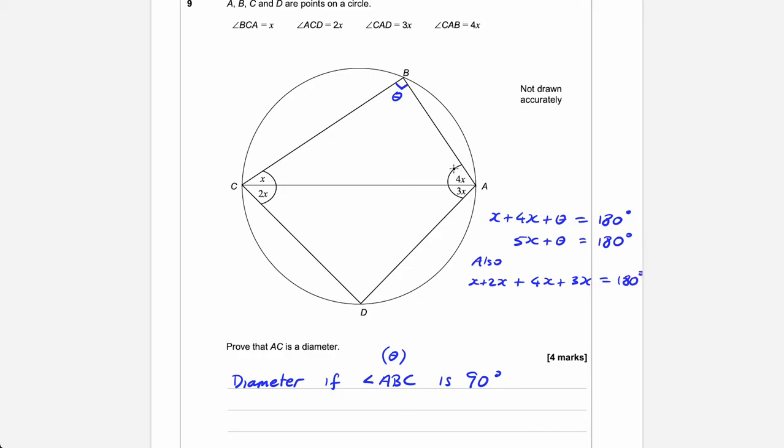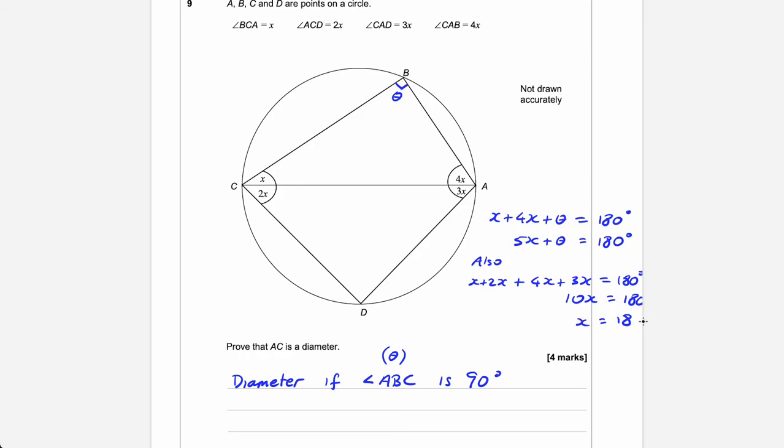That is because this angle plus this angle add up to 180 because they're opposite angles in a cyclic quadrilateral, which is this quadrilateral that touches the circle at the 4 points. Okay, this is 3x, 6x, 10x. Okay, so 10x is 180, so x is equal to 18.